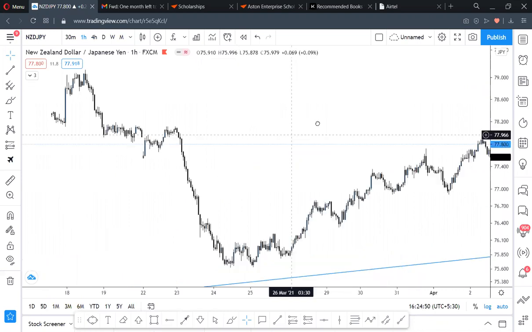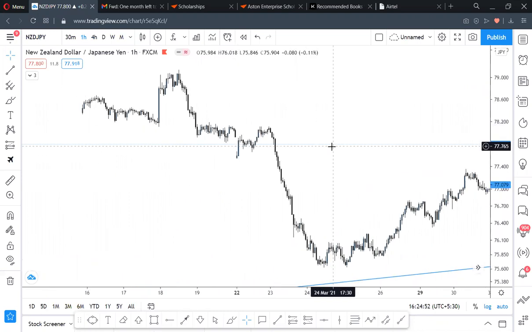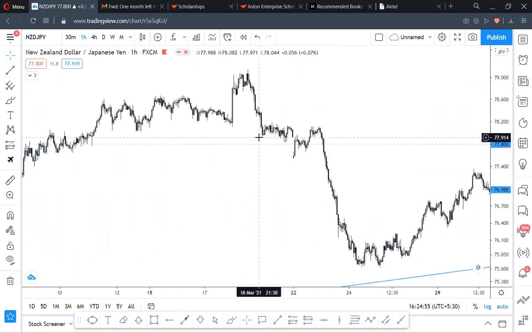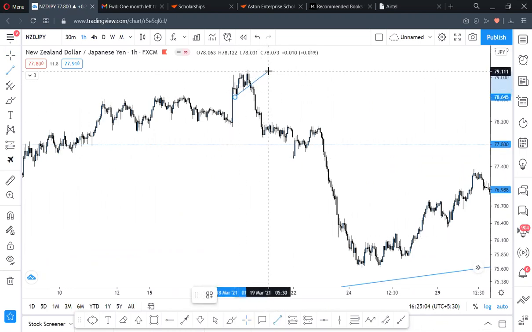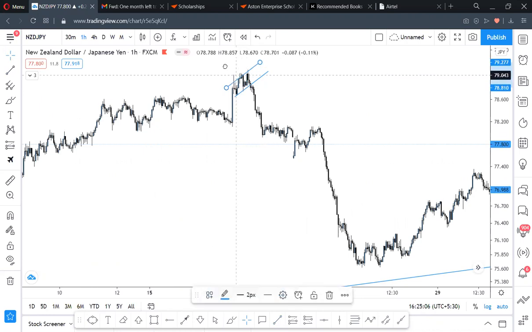Daily looks interesting, actually. So before this drop, this was another type of corrective move that I just showed you.